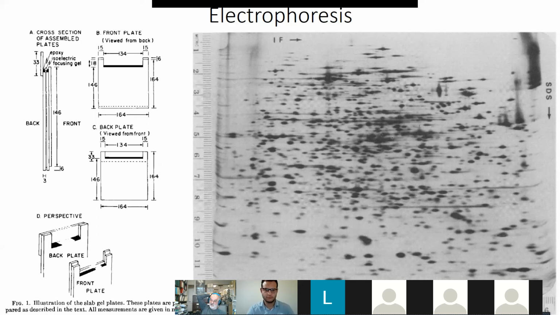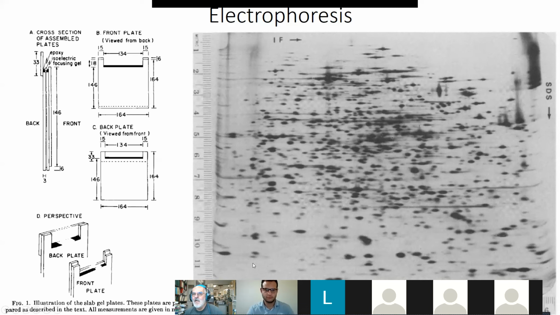I think these irradiations were done over the course of a month. And you can see how many spots that you see coming out of the total E. coli genome.